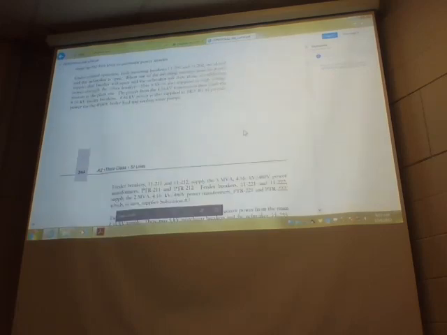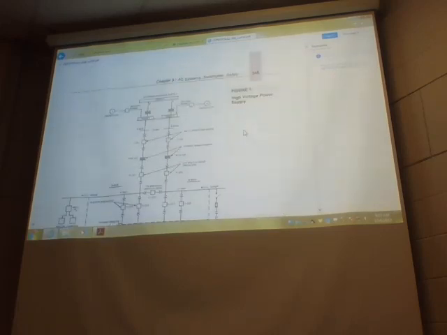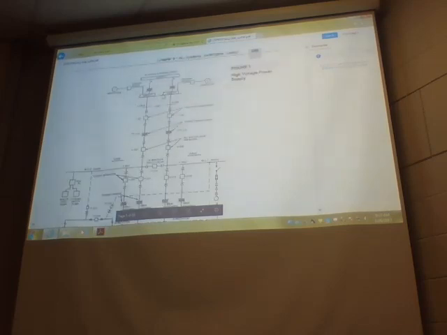So if you're looking at the diagram, there at the very top is the alternate external supply, 138,000 volts, which when required is transformed down to 13,800 volts. These two generators are the main source, generating at 13,800 volts here.